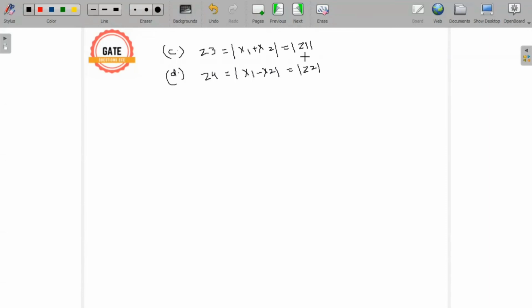And since we know that Z1 and Z2 are taking same values, they are identically distributed. Both are having same PMF. Reason of identical distribution is they have same PMF.